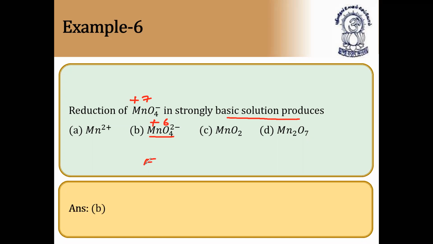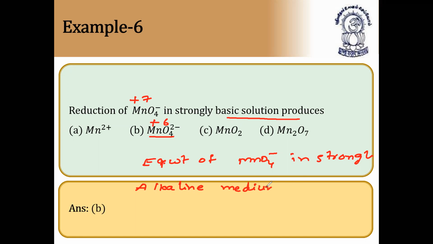That's why the equivalent weight of MnO4 minus in strong alkaline medium is equal to molecular weight by 1, because from plus 7 it changes to plus 6, the difference is 1. So molecular weight by 1. So the answer is second option.